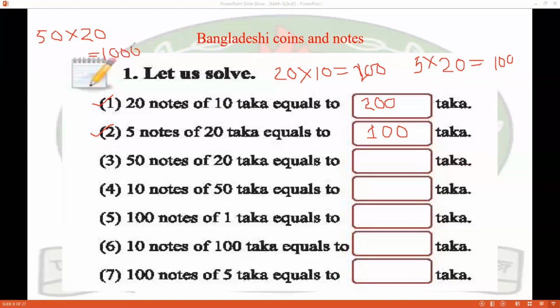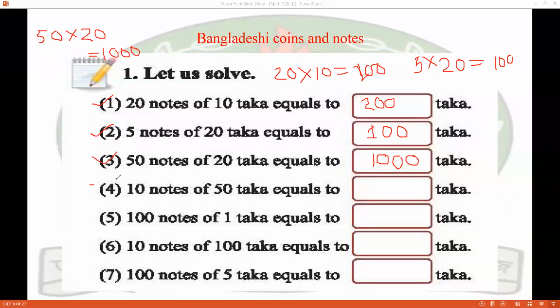You have to find it by multiplication, the number of notes and the value of each note. You have to multiply them with each other. You can find how many taka there will be. So there will be 1000 taka.